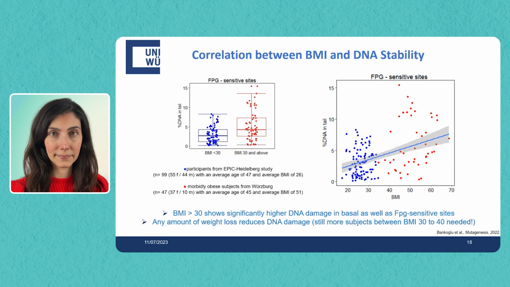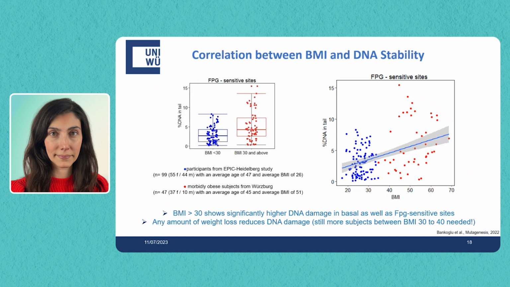What you see here is that BMI 30 and above show significantly higher FPG-sensitive sites. So we have done the FPG comet assay and analyzed the oxidized DNA damage, significantly higher above BMI 30 in this group. So with the comet assay in PBMCs, we could differentiate between the healthy group and the disease group.